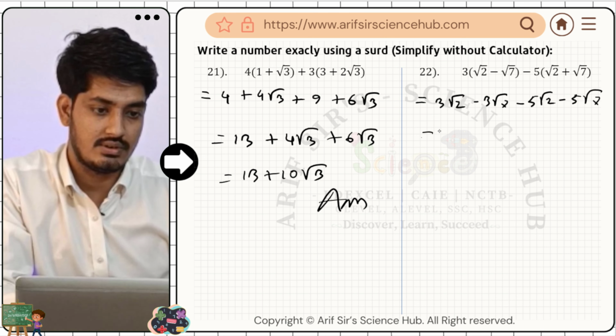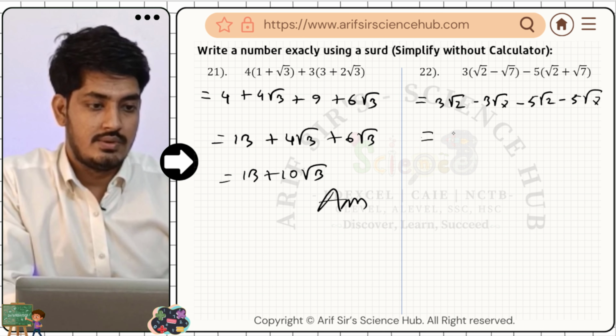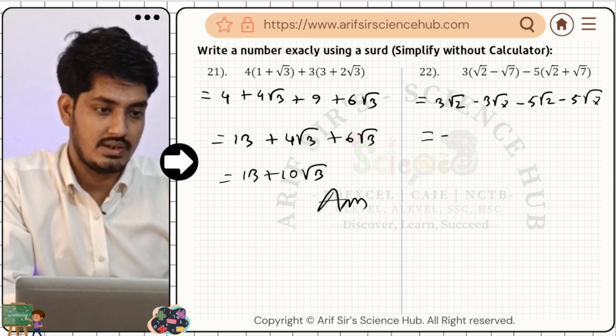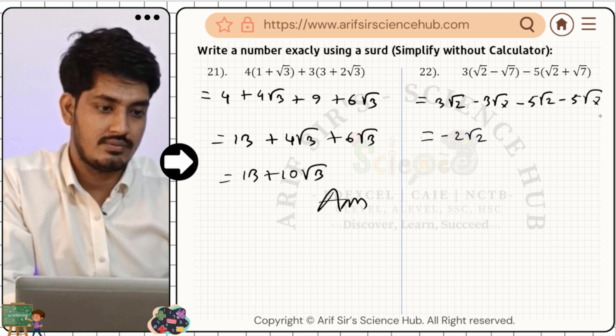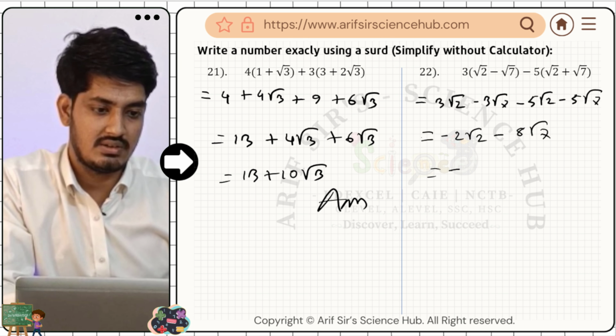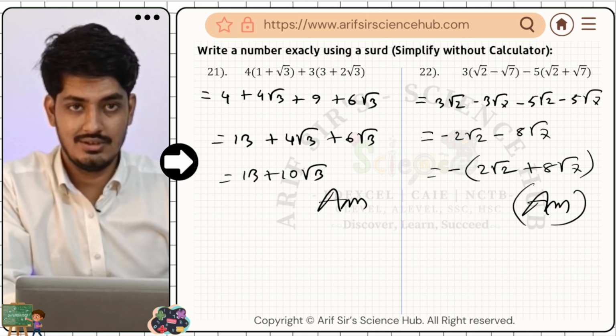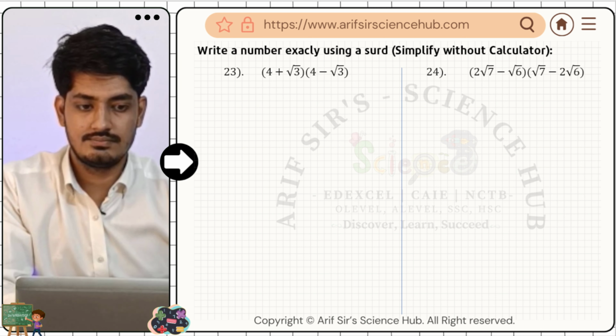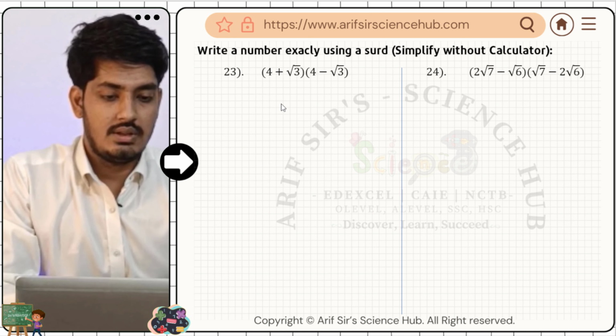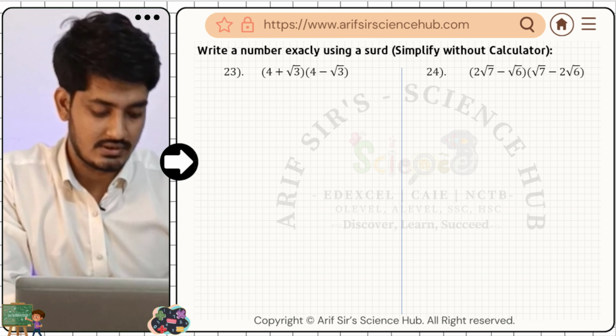If we subtract, then minus 2 square root 2, and 3 square root 7 and 5 square root 7, then it should be minus 8 square root 7. Okay, if we take this minus common, then 2 square root 2 plus 8 square root 7. So that's the answer. Now let's solve this exercise.